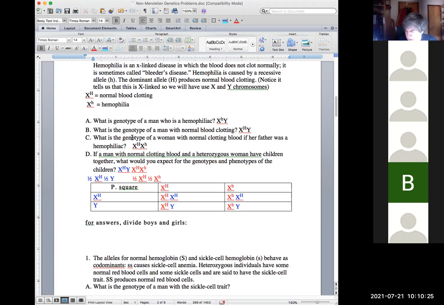Okay, so let's think about girls first, since they're on the top line. So for now, we're going to think about girls, and we're going to completely ignore the boys. We're just going to pretend they don't exist. So if we completely ignore the boys, there's only two possibilities for the girls.